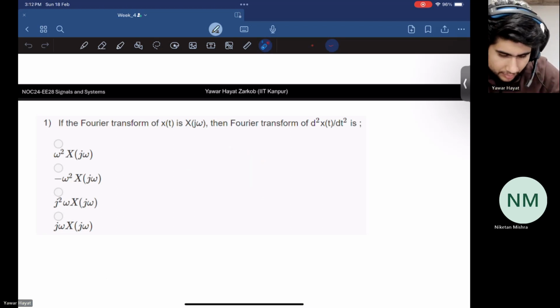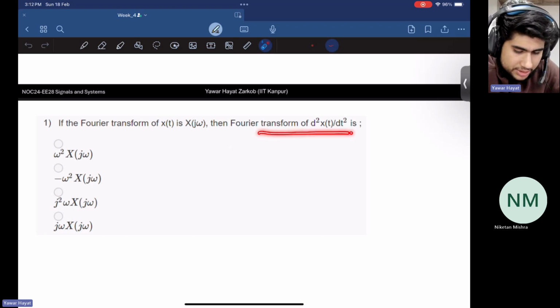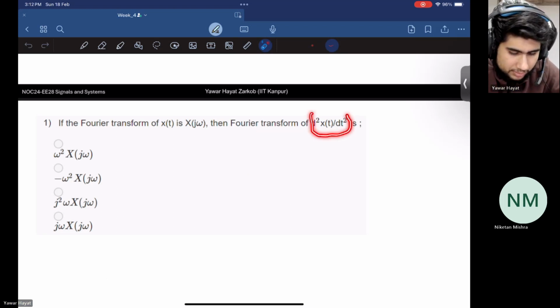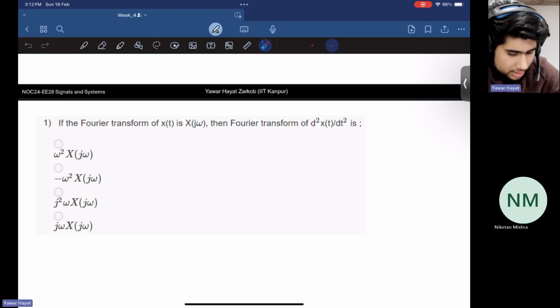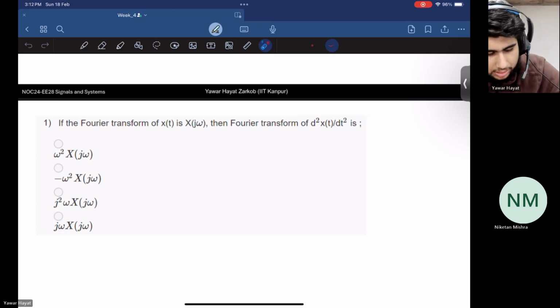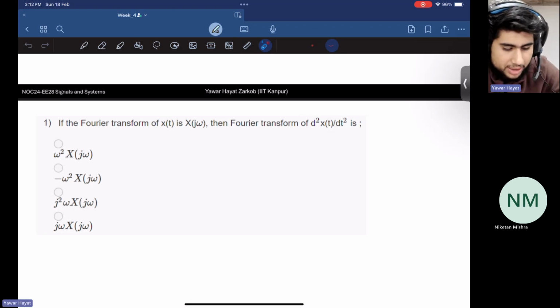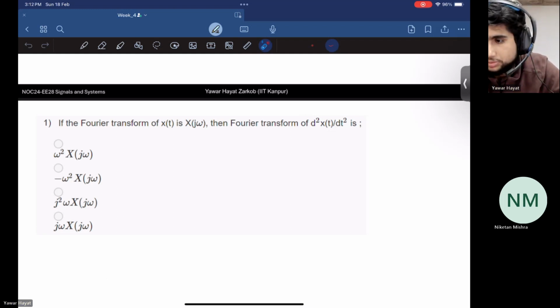Now, what is the Fourier transform of this? This is the second order derivative in time of x of t. Let me wait for 1 minute if someone can answer this in the chat, and then I'll start doing it myself. Please try this.